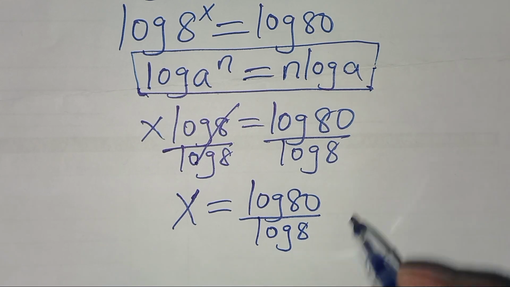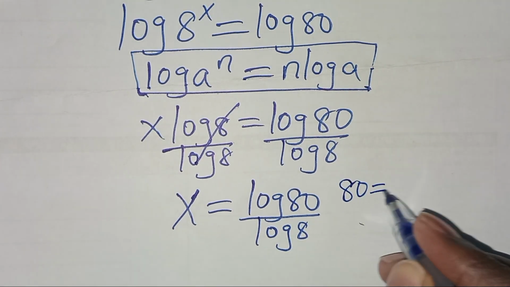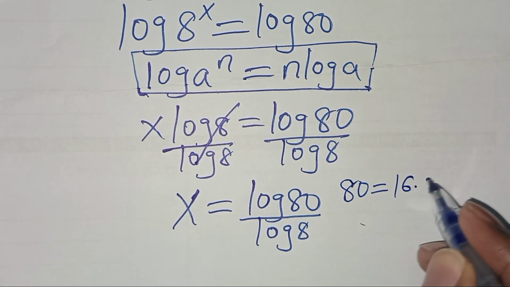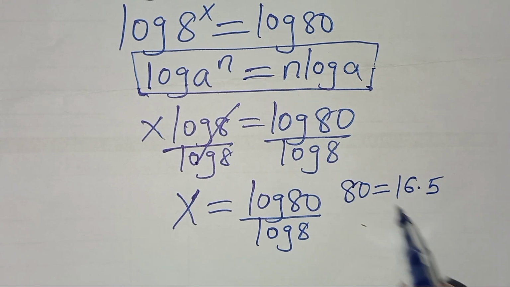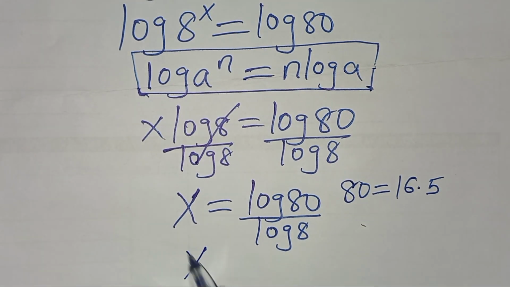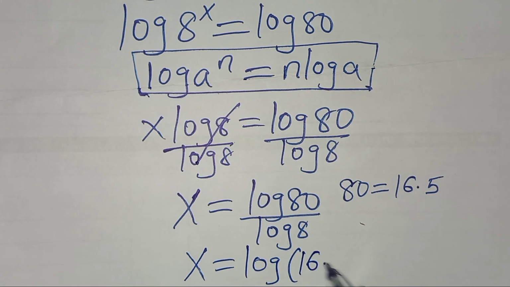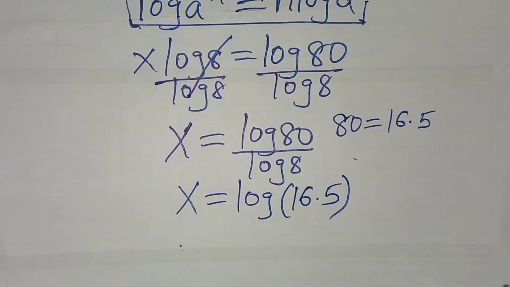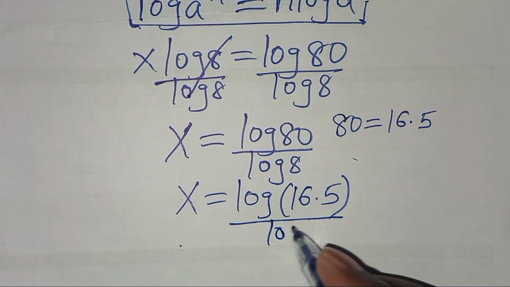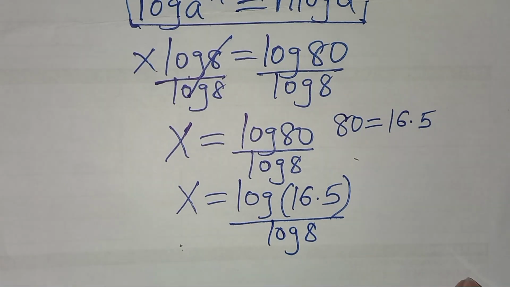Now, in this case, we can express 80 as 16 multiplied by 5. So let's substitute this so that we'll have x is equal to log 16 multiplied by 5, divided by log 8.